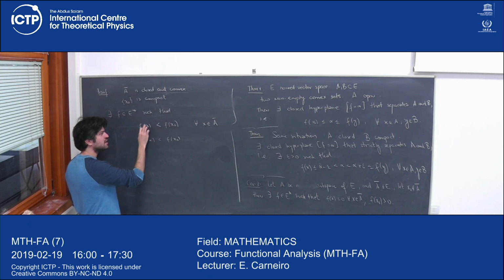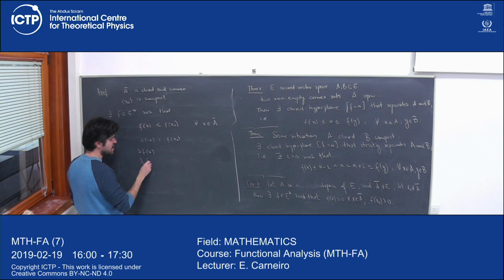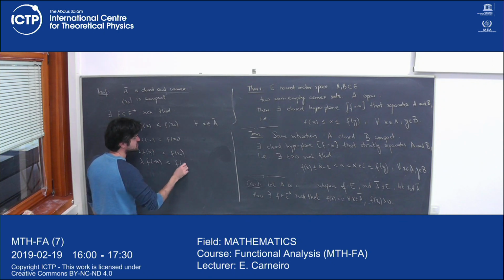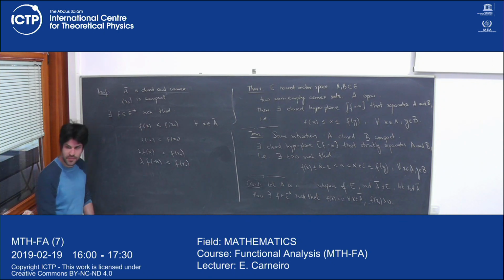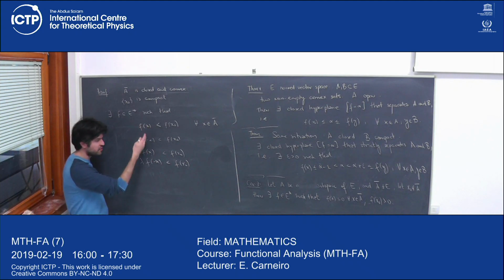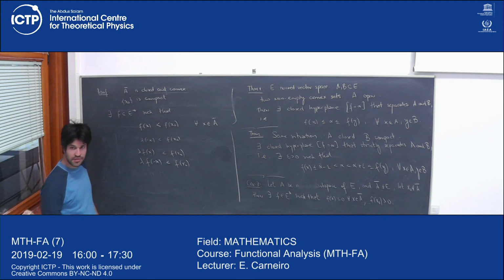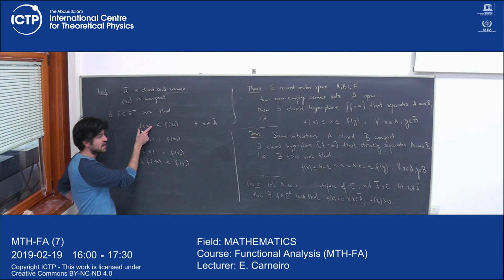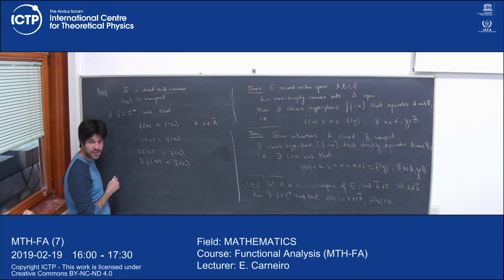And if you multiply by lambda, you use the linearity, all of these things should hold, because all of these elements are in the space. So the only possibility that you have is that this is actually identically zero on the subspace.